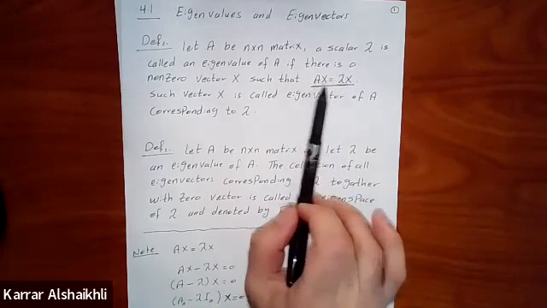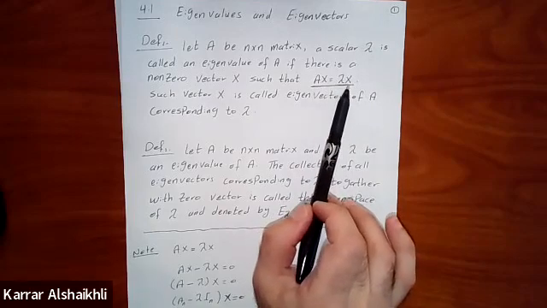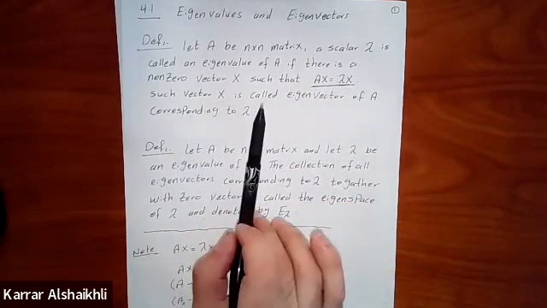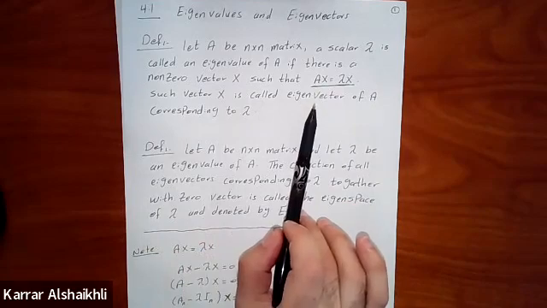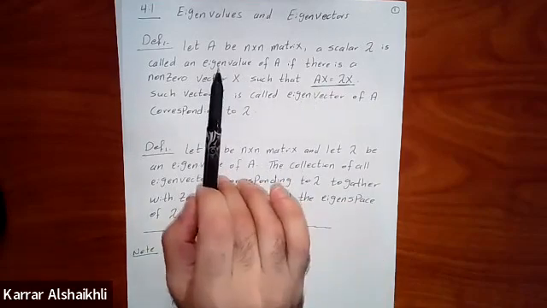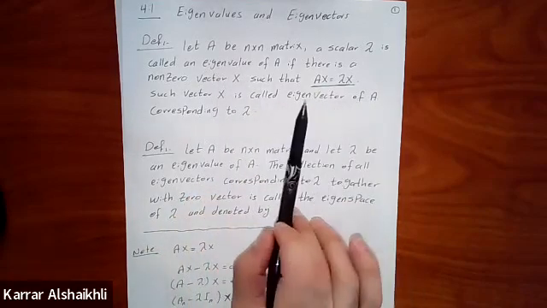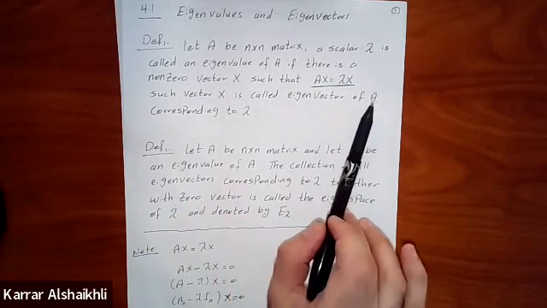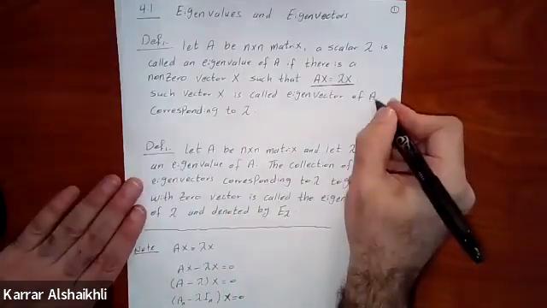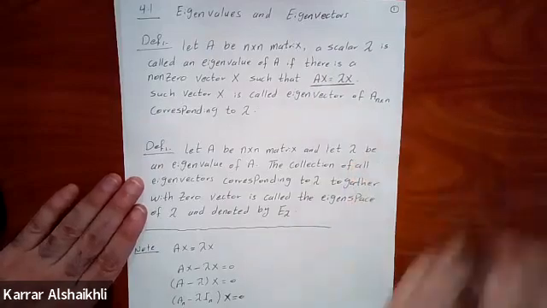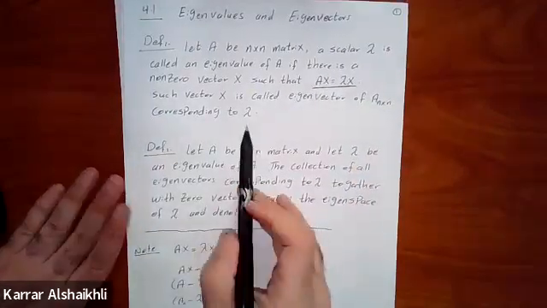That means these two are equal. Such a vector we call an eigenvector. So for each eigenvalue we have an eigenvector of the matrix A, which is n times n, corresponding to lambda.